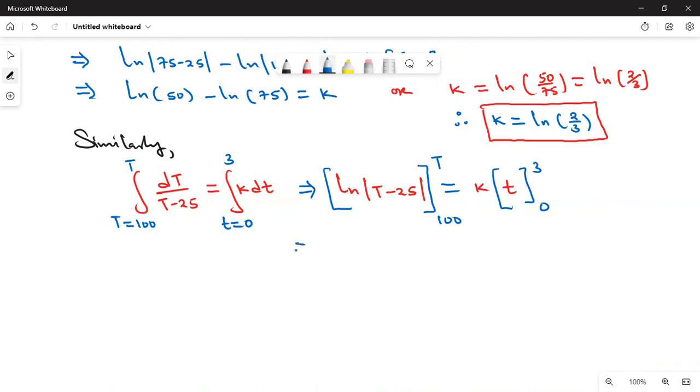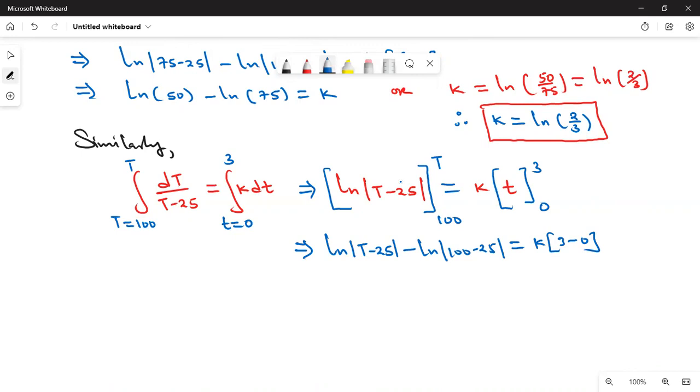So this implies that, let me substitute the upper limit, we'll have ln of T minus 25, then minus the lower limit, ln of 100 minus 25, is equal to k into 3 minus 0.